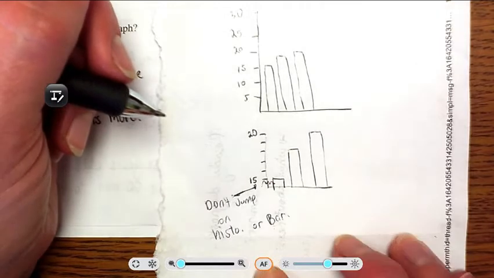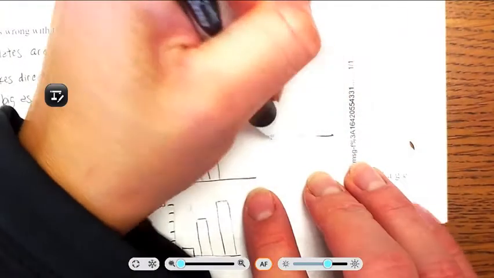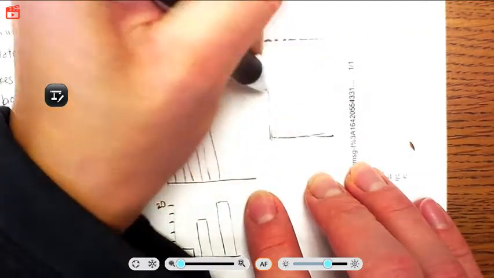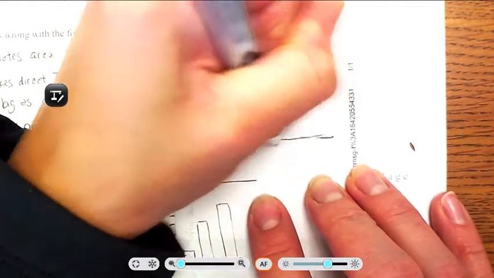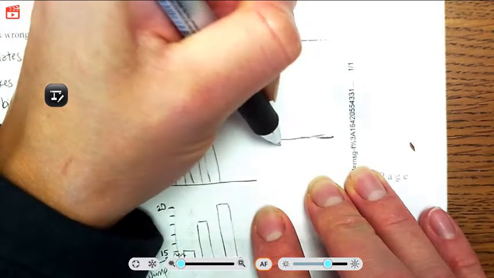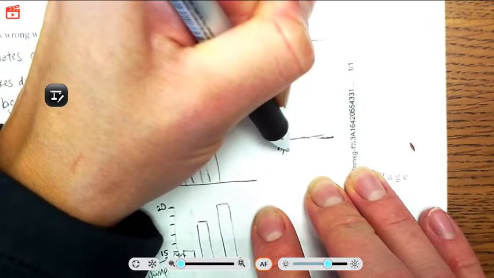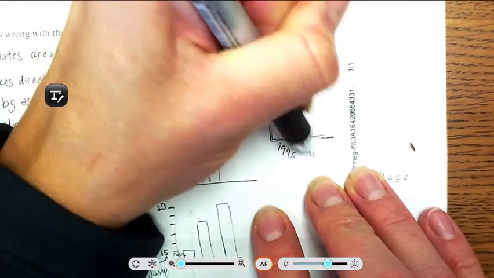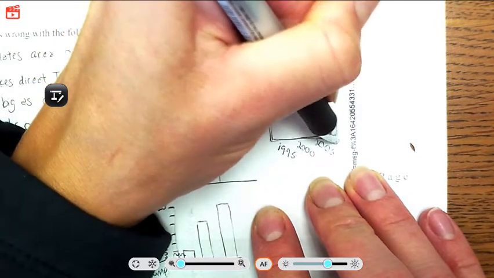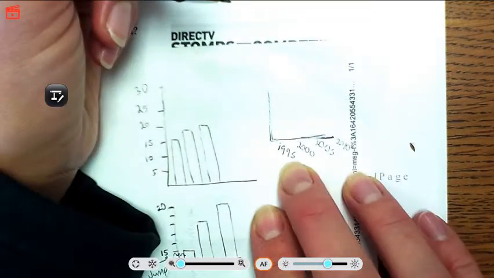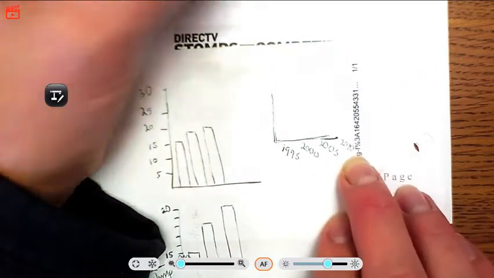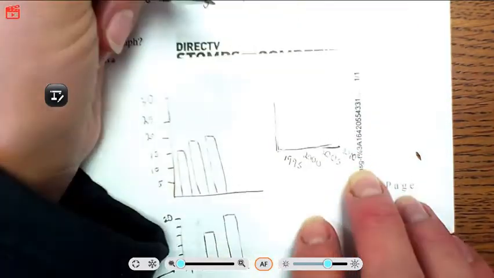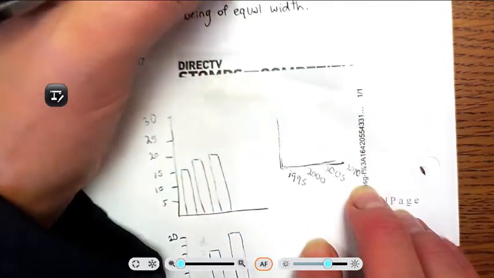Now, actually very soon in the year, in a week or so, we're going to talk about scatter plots. And some scatter plots have information, especially if years are on the bottom axis. Say that we start in the late 1990s and go into the 2000s, like 2000, 2005, 2010.